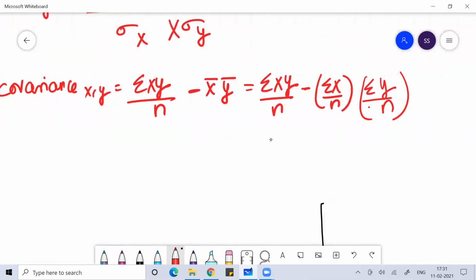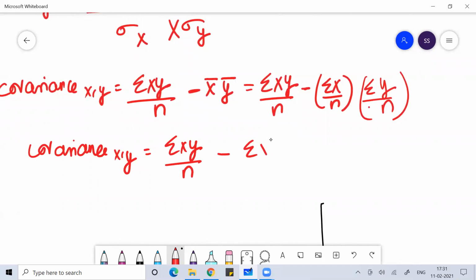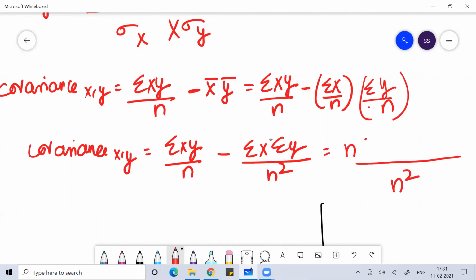So ultimately, covariance between x and y, I can write as summation of xy by n minus summation of x into summation of y divided by n square. I can write this as n summation of xy minus summation of x into summation of y, divided by n square.